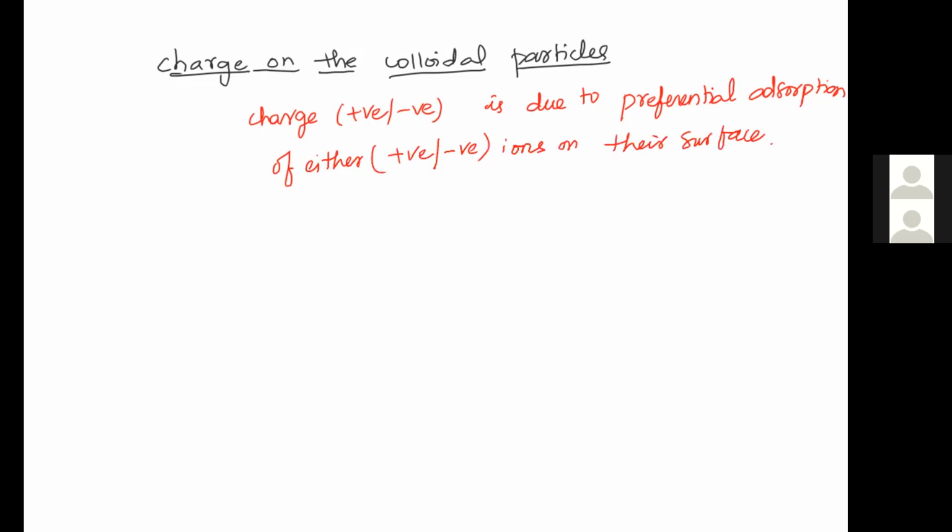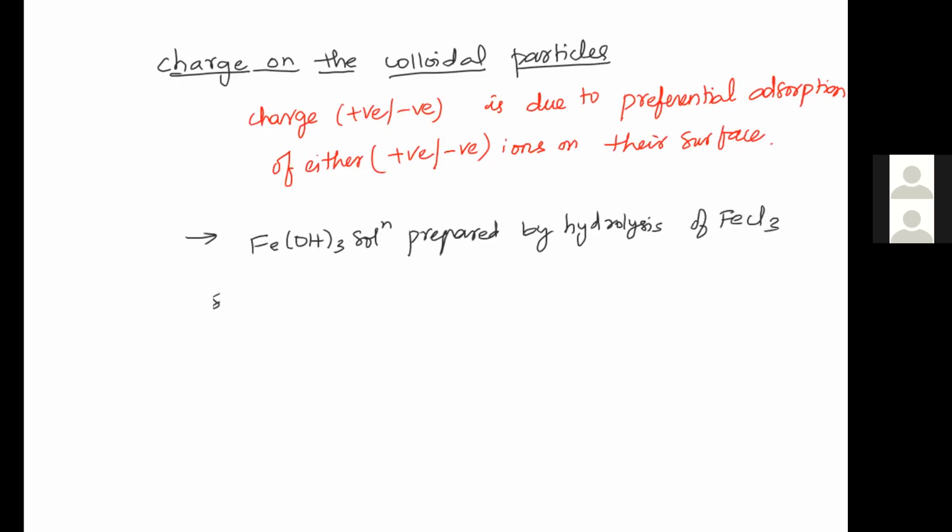Let us look at some examples. FeOH thrice solution is prepared by hydrolysis of FeCl3 solution, adsorbing Fe plus 3, which is positively charged. So what happened when you have FeCl3? It's reacting with water.